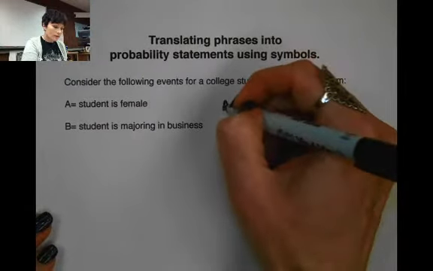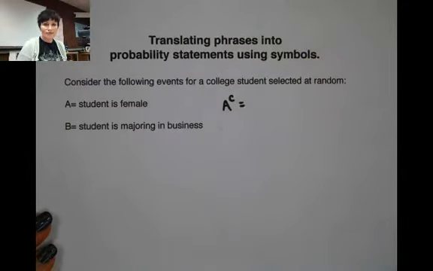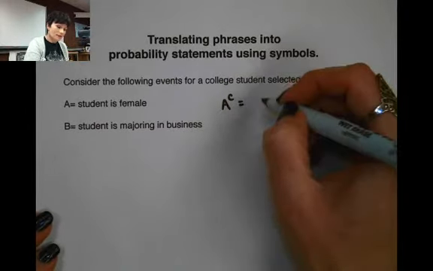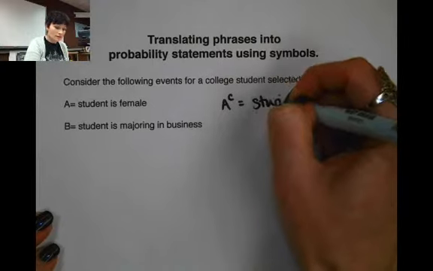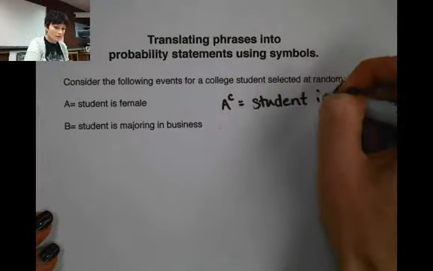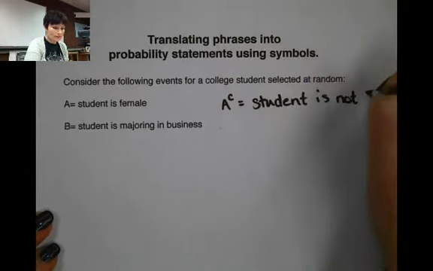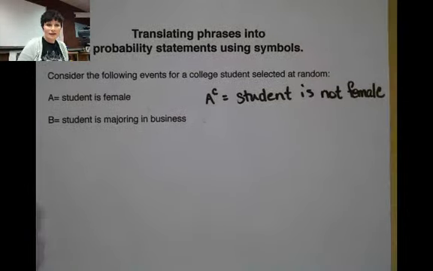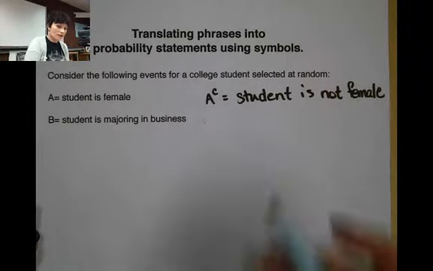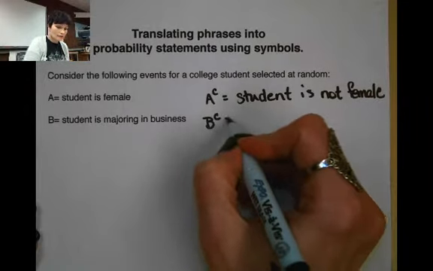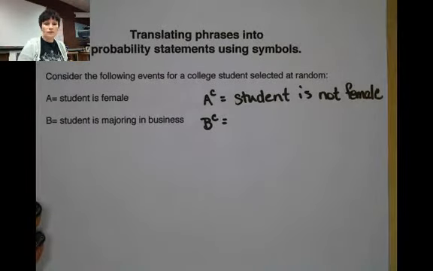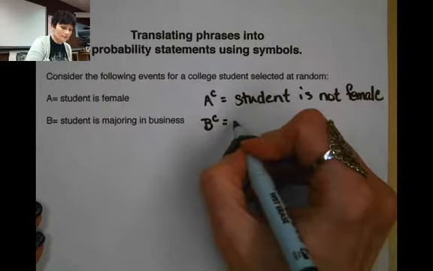The complement of event A, if event A is the student is female, would be that the student is not female. And if event B is the student is majoring in business, then the complement of event B would be not majoring in business.